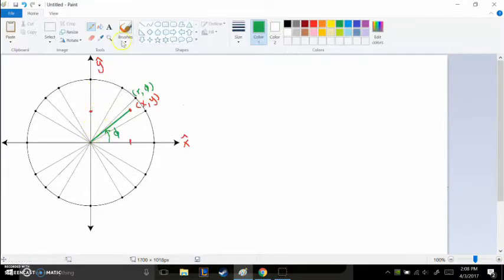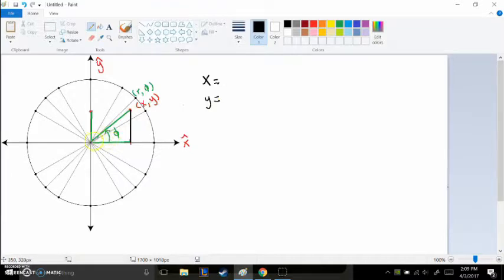So we have this piece, and we have this piece. We'll go ahead and move this piece over here. So, from this diagram, we can say x equals and y equals. So let's look at x.